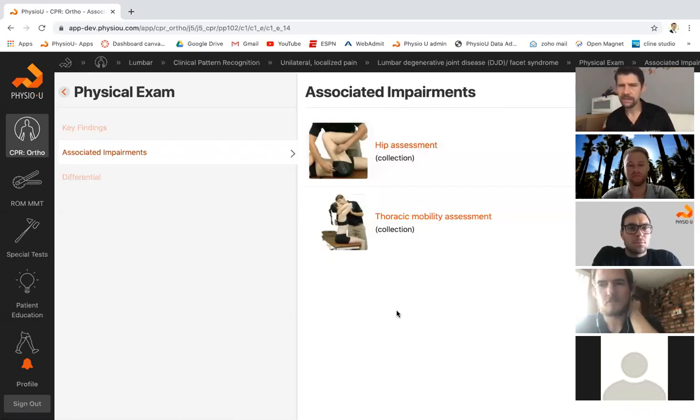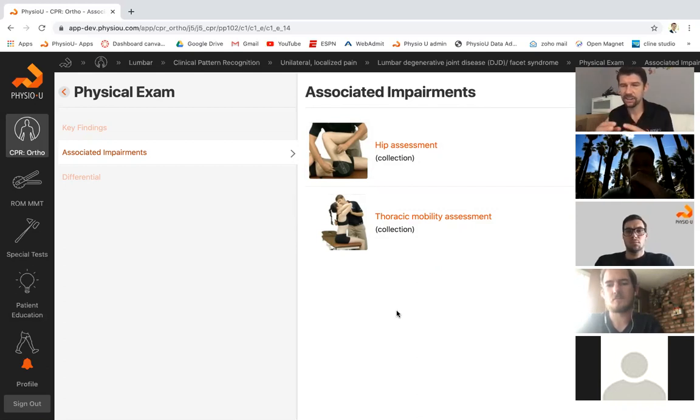If you think about it, a stiff 60-year-old guy with spondylosis of the lumbar probably has a little bit of degeneration in his hip and a stiff T-spine, which kind of comes with the territory of being 60 sometimes. So you're looking for impairments to treat. This becomes very useful if they're acute. If you can't address the low back directly because everything hurts so much, maybe you need to address mobility deficits a little bit further away to start with.